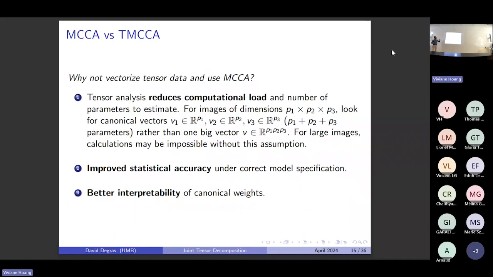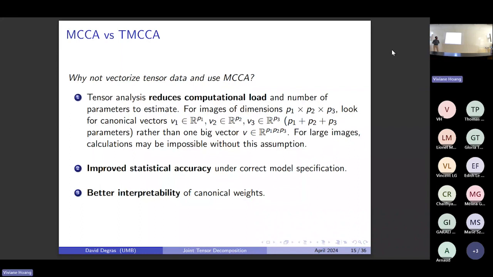Before jumping into Tensor MCCA, you might ask, okay, why Tensor MCCA? Why the need for that? Because, as I said, you could just vectorize our data and just do regular MCCA for vectors. That might be very costly, because you will not be looking just at a vector of data, but the covariance of it.